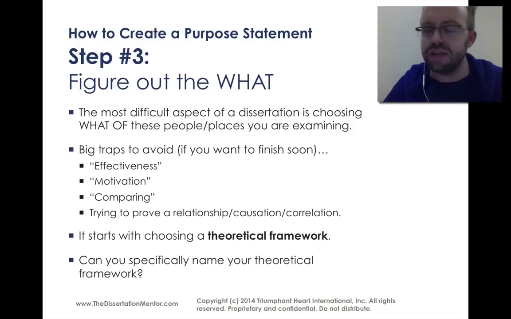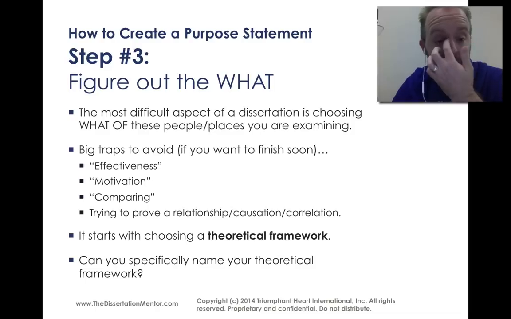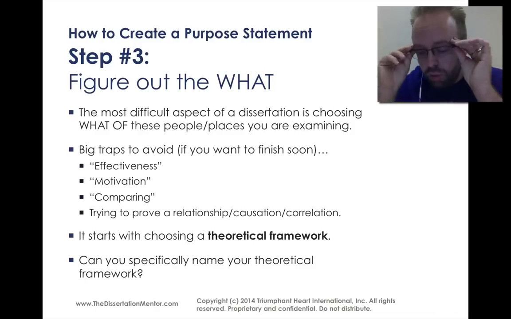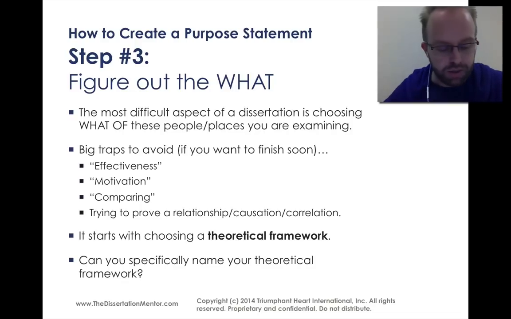And the reason I say this, and this often becomes quite an argument with many candidates, is that when we walk down the road of relationship, causation, correlation, and to a certain extent comparing, the rigor of your study is exceedingly high. It's so high that it's out of reach for most.